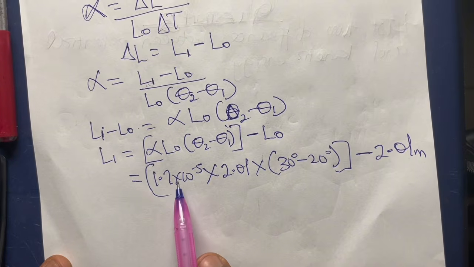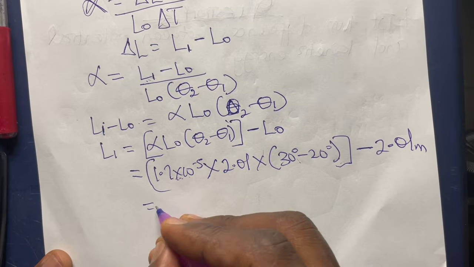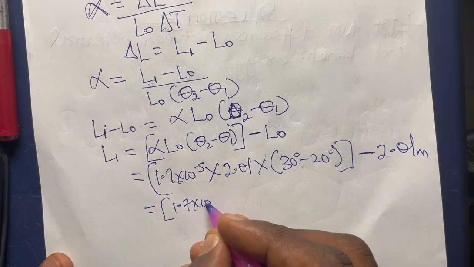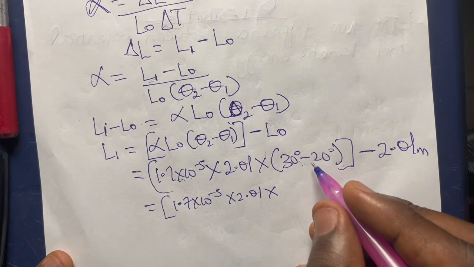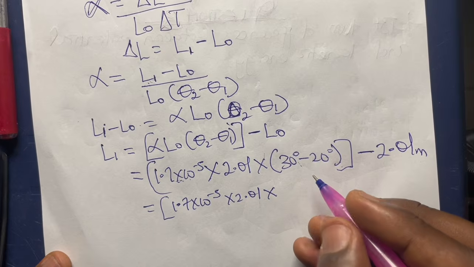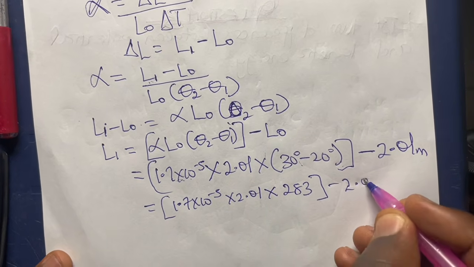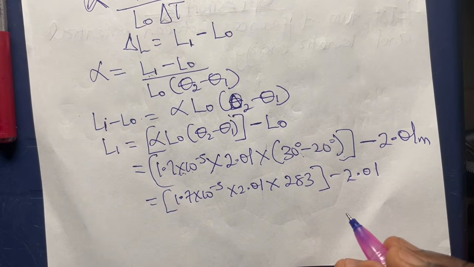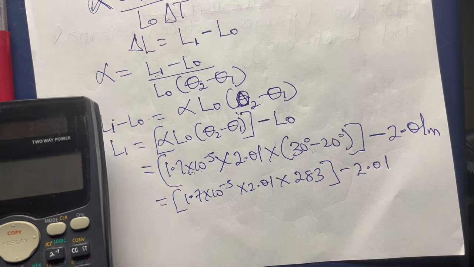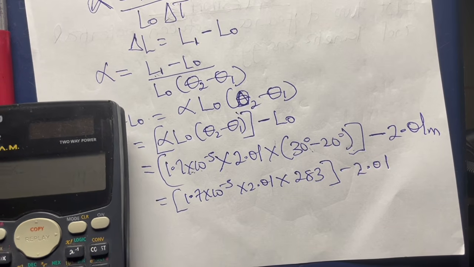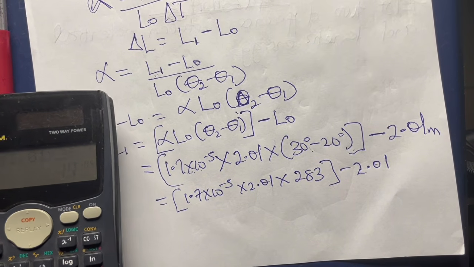Remember that this particular linear expansivity is in Kelvin, so I have to convert this temperature to Kelvin. So this is going to be 1.7 times 10 raised to the power minus 5 times 2.01 times 10. If you convert 10 degrees Celsius to Kelvin, that will be 283. Now let's do the multiplication with my calculator: 1.7 times 10 raised to the power of minus 5, times 2.01, then times 283.